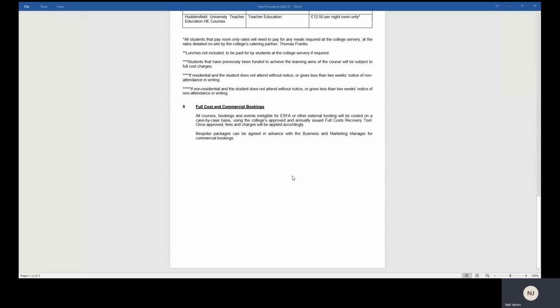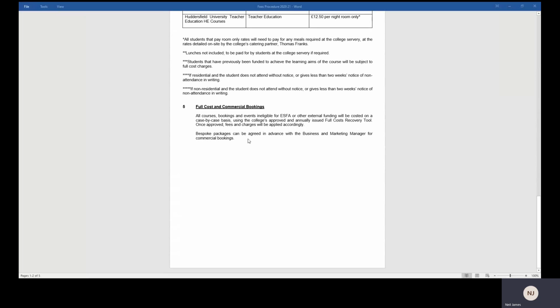Okay. Section 5 there is around full cost and commercial bookings, and again this will work in conjunction with a full cost recovery tool and guidance that'll be issued by myself and Maria in the next couple of weeks.